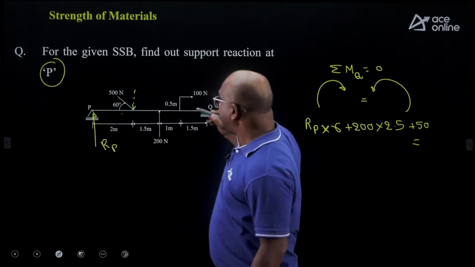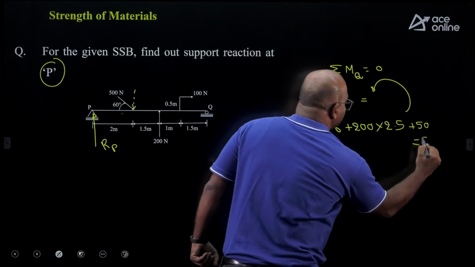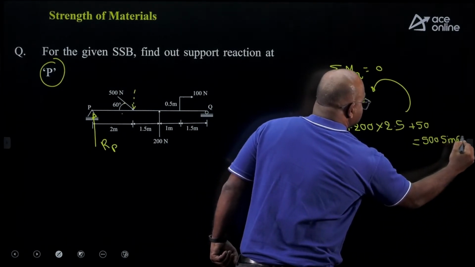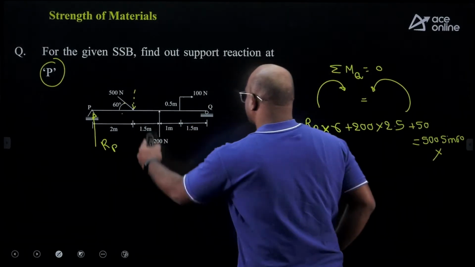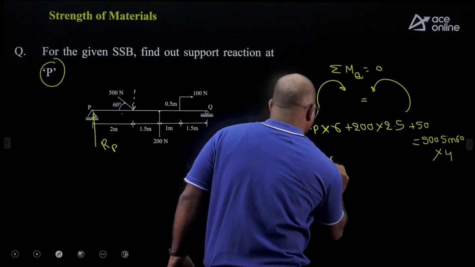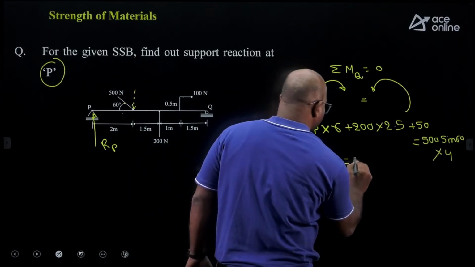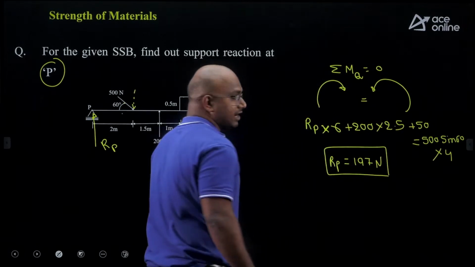Which one is going to give the moment about this point? 500 sin 60 is going to give the moment, guys. That equal to 500 sin 60 multiplied by distance, guys. How much? 4. So from this, I'm going to get approximately RP equal to 197. So pretty straightforward question, guys.